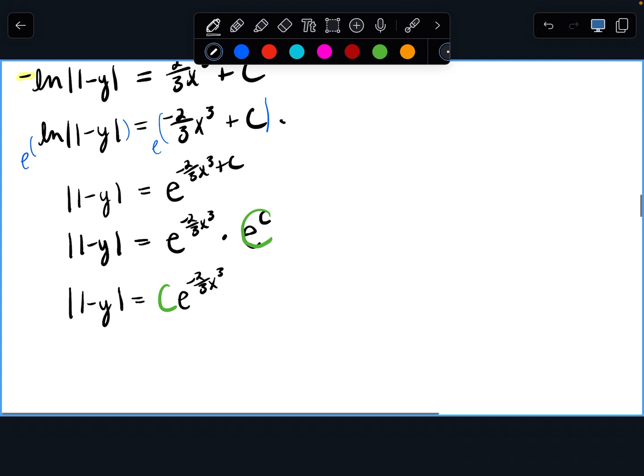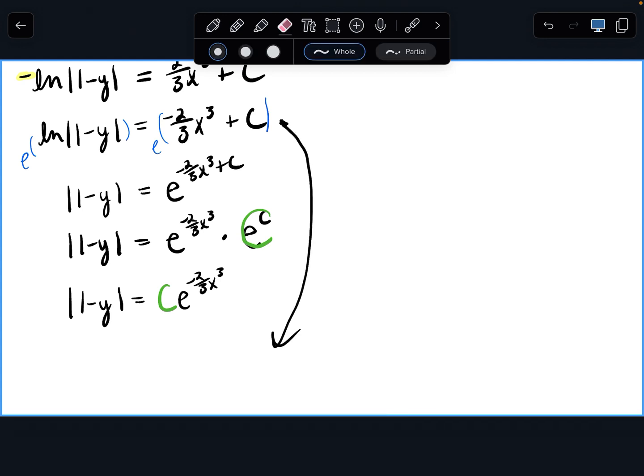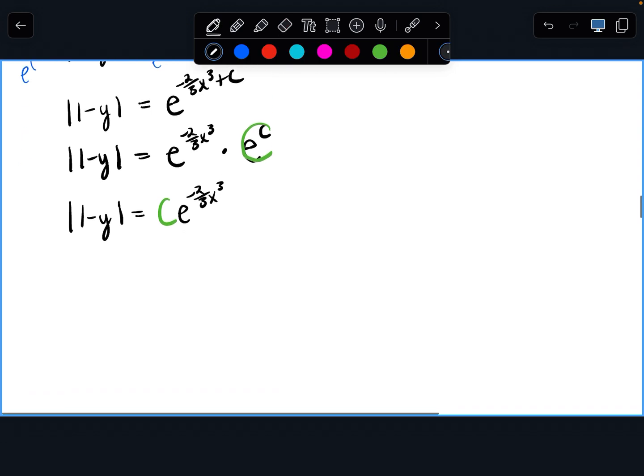For an example like this, the answer is worth 1 because there are no points for algebra. So I'm just showing it all because, you know, gotta be legit. So next, I'm going to drop the bars by adding in a plus or minus. E to the negative 2/3 x cubed. And then now we're algebraing it up.